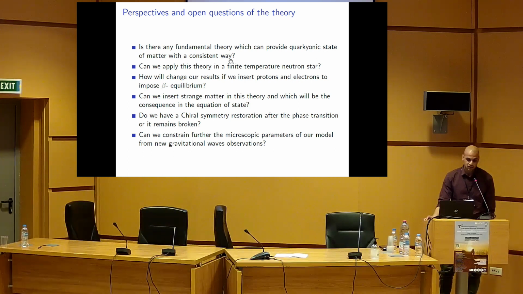Our results will change if we insert protons and electrons to impose beta equilibrium. Can we insert strange matter in this theory? Do we have chiral symmetry restoration after the phase transition, or does it remain broken? And can we constrain further the microscopic parameters of our model from new observations from gravitational waves?